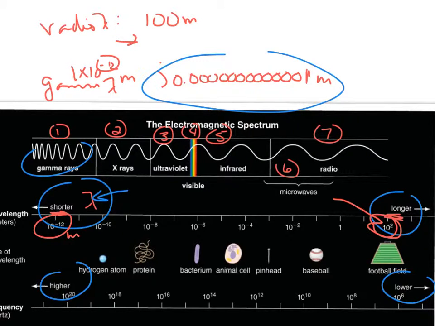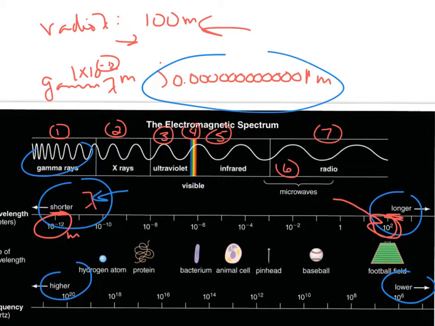Take a yardstick and put 100 of them, and that is a repeating unit of a radio wave. That's how long one single radio wave is. That has consequences, because when we talk about different types of astronomy that go after these different energies, we're going to see that their telescopes need to be different.